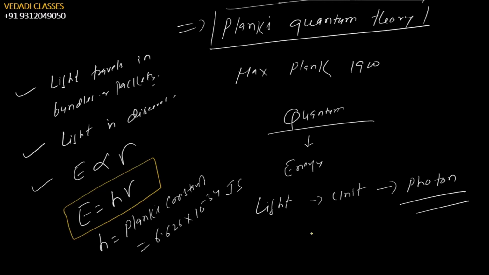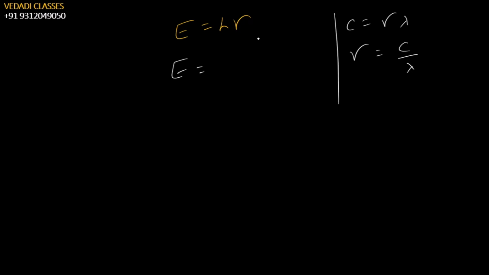Now, this is E is equal to h nu. So this is Planck's quantum theory, E is equal to h nu. Now, as you know, C is equal to nu into lambda. So nu is equal to C by lambda, and we can write over here E is equal to h C by lambda.